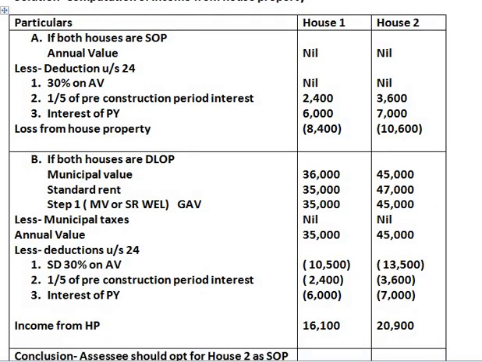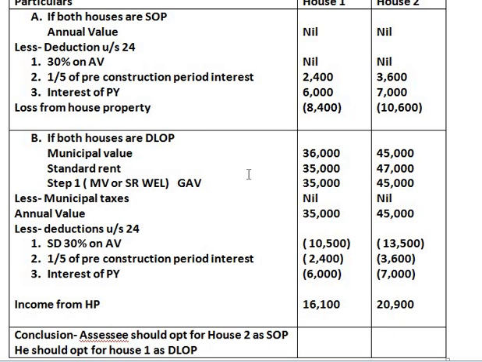But in the second situation, as you consider it as deemed to be let out property, you will have positive annual values, and from that you will make the deductions by which you will get income from house property. And at the end you have to conclude saying that the house property whichever gives you the highest income should be treated as self-occupied property, and the house property whichever gives you the lesser income should be treated as deemed to be let out property.